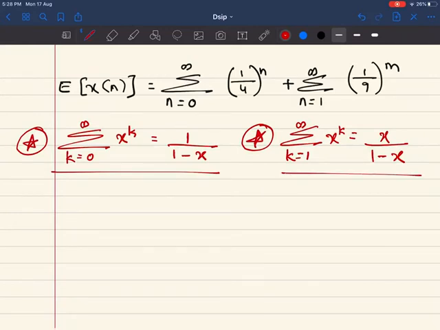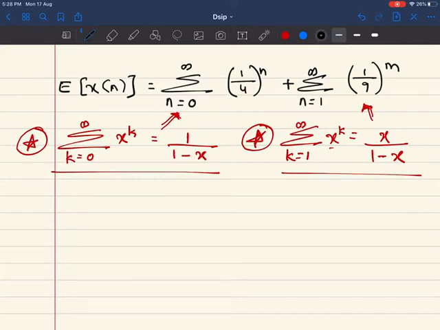The first term will use this formula and the second term will use this formula, where for the first my x is 1 by 4 and my k is n, and in the second my x is 1 by 9 and my k is m. So I am going to rewrite the equation using these formulas.